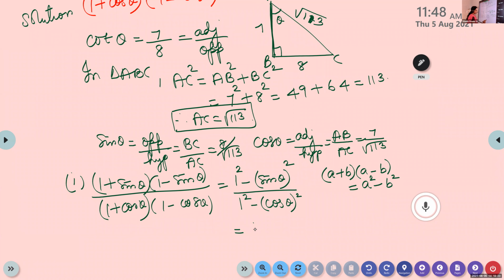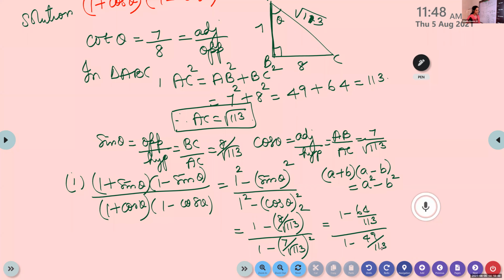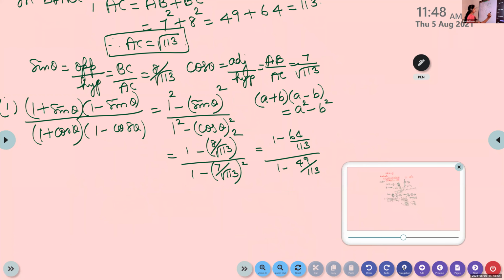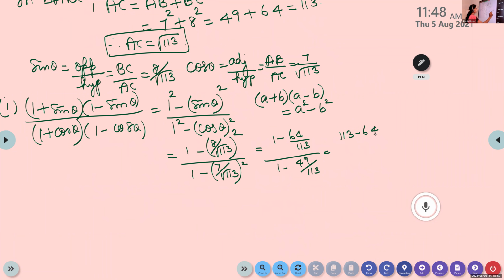Now substitute the values. 1 square is 1 minus 8 by root 113 the whole square, by 1 minus 7 by root 113 the whole square. So we get 1 minus 64 by 113 by 1 minus 49 by 113. Take the LCM: 113 minus 64 by 113 by 113 minus 49 by 113.